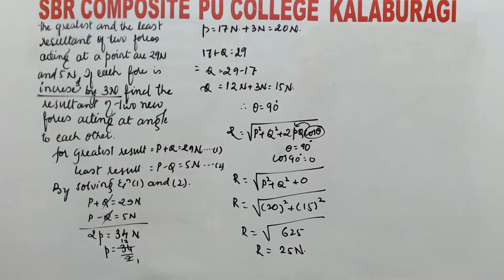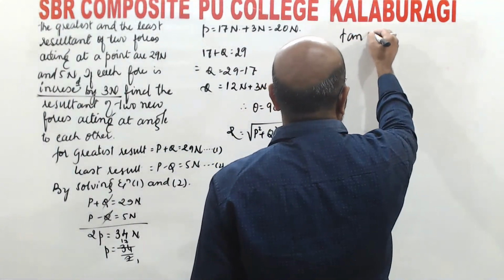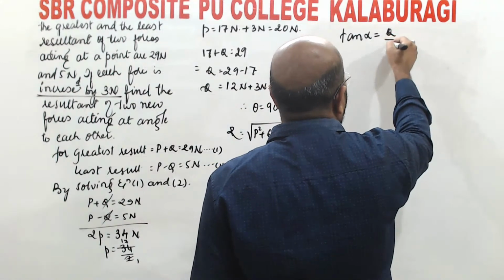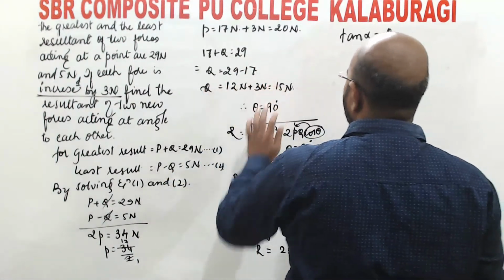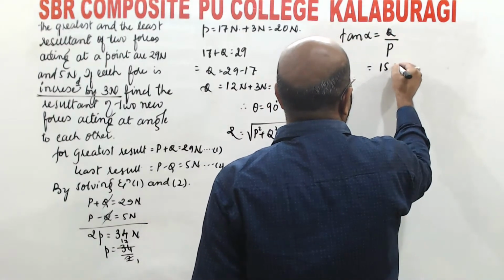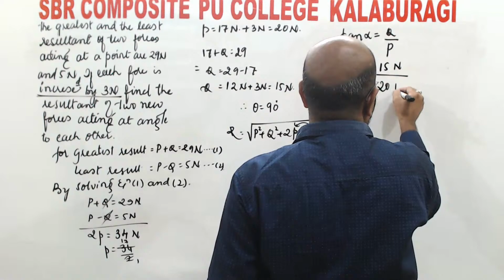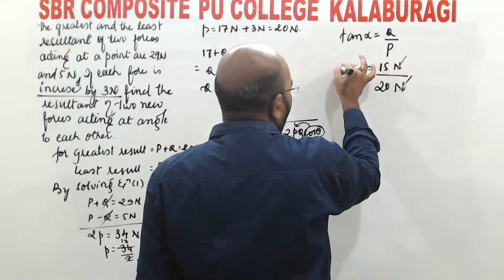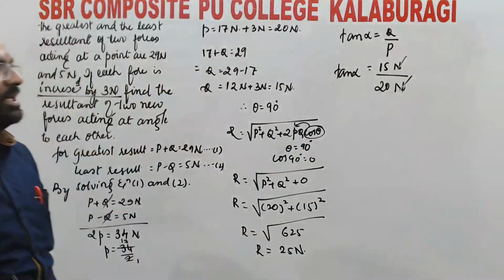Then find the value of the angle. Tan alpha is equal to Q divided by P. Therefore Q is equal to 15 Newton, so 15 Newton divided by 20 Newton. Newton cancels. So tan alpha is equal to 15 by 20.